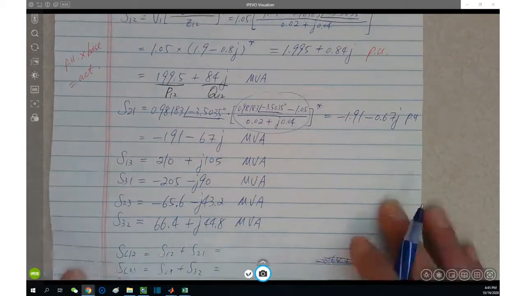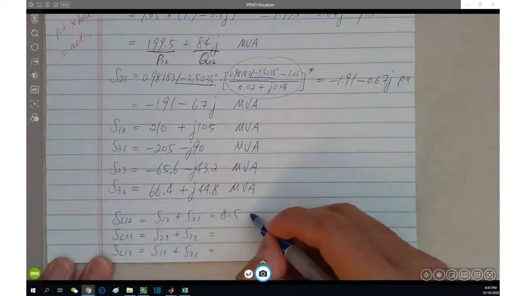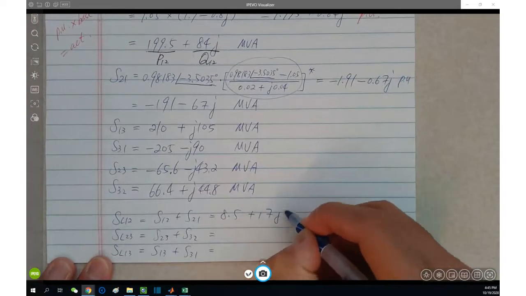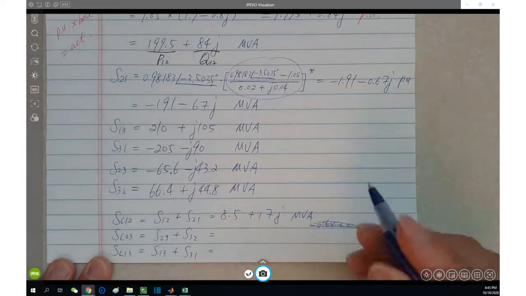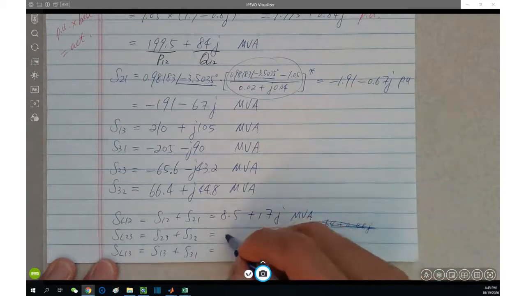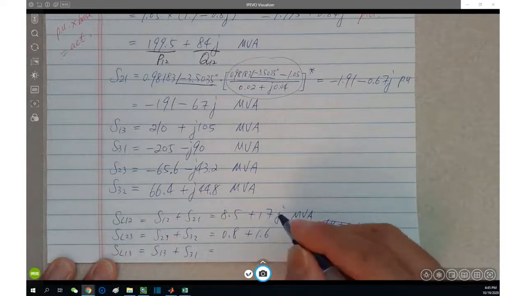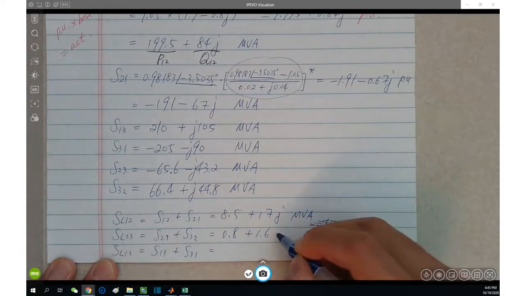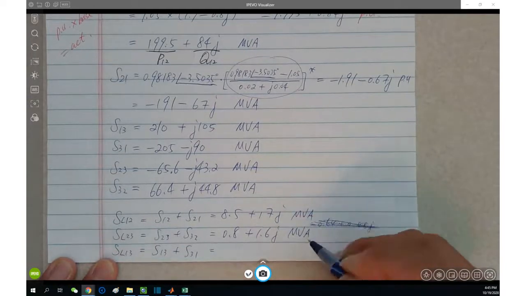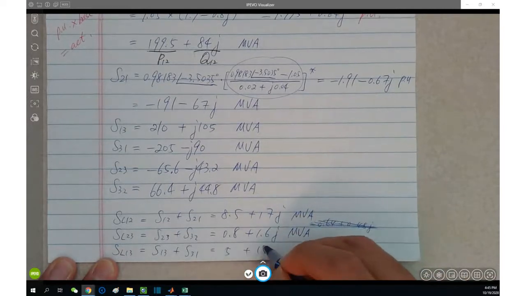So you sum them up, and then the resulting loss equals 8.5 plus j17 MVAR, plus S23 equals 0.8 plus j1.6 MVAR, and then the last one is 5 plus j15 MVAR.